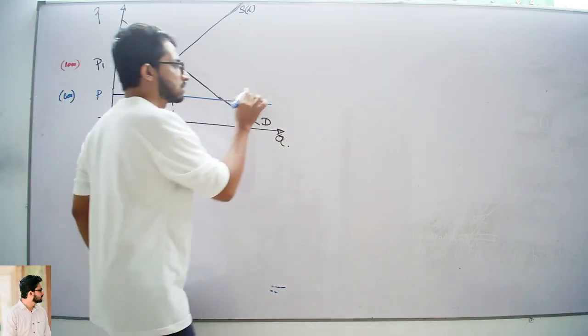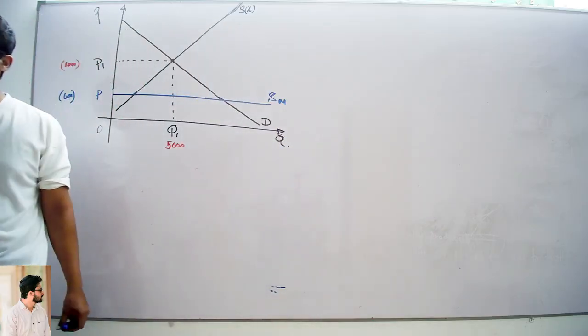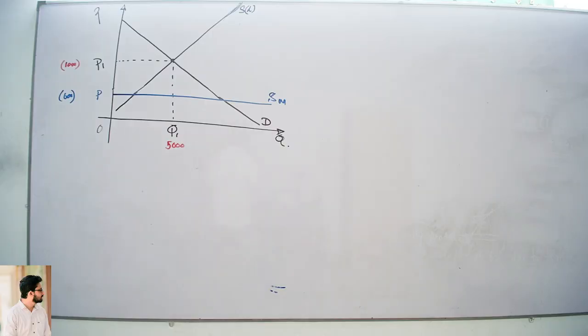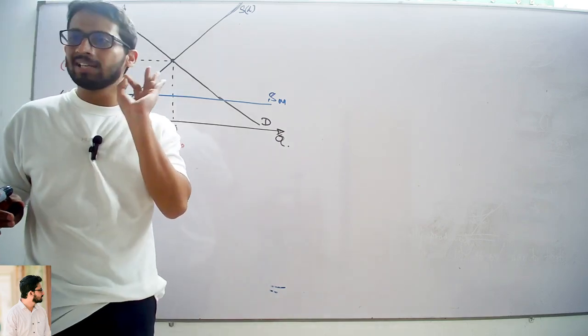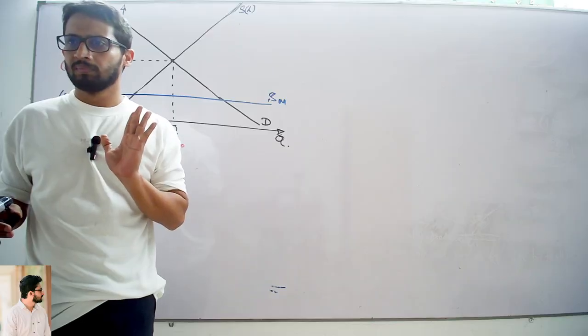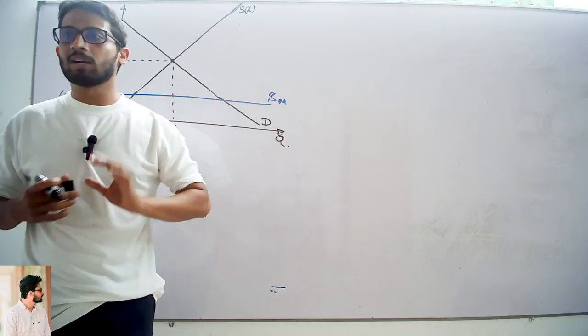This is called SM. SM means supply of imported goods. Why is it perfectly elastic? The reason is, in the world market, Sri Lanka is a very insignificant buyer. In other words, we can't influence the world market price.